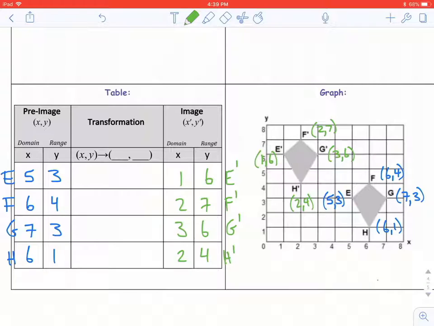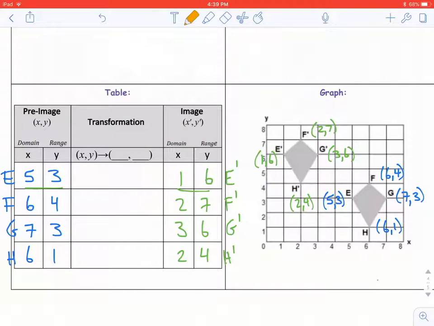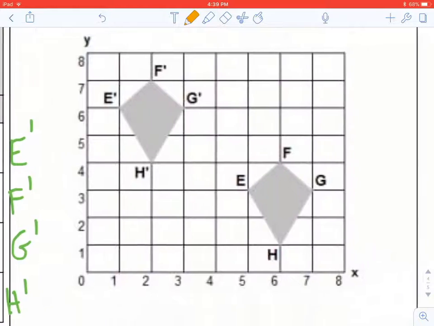So now, what I would do is a couple of things. You can either algebraically figure out what it takes to go from the pre-image to the image in your table. But I'm a visual person, so I am going to go back to the graph and use it to help me. So now that I've written all my points down, I'm going to erase them and show you how to look at the graph to help with even more information. So let's look back at this graph for a minute.